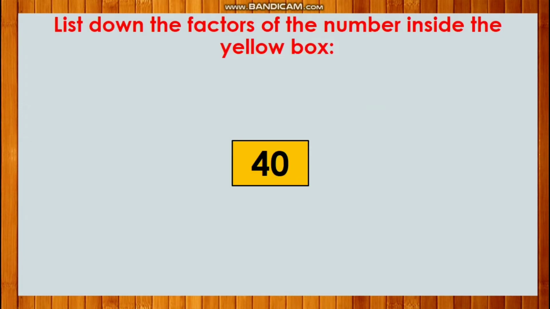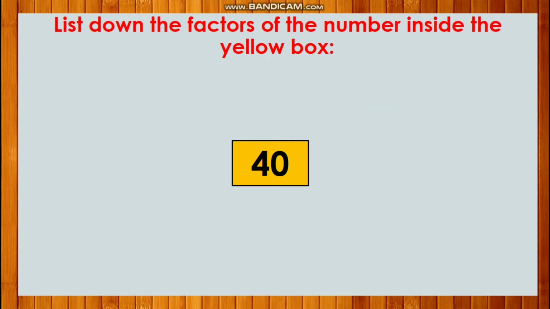Okay, let's have our first example. So we are going to list down the factors of the number inside the yellow box. And to make it easy to list down the factors, we could start by thinking of or finding the pairs of factors, or numbers, that have a product of 40.